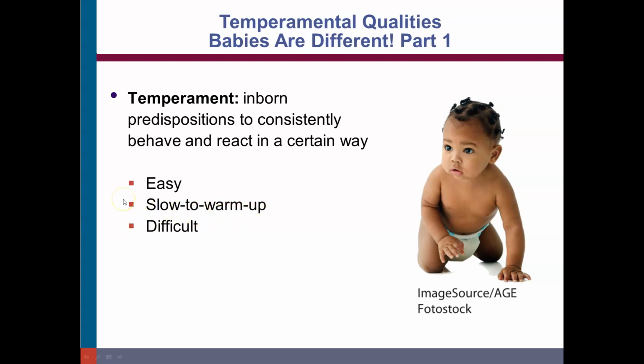So it requires a little more interaction, and they're a little bit slower to go through the processes of interaction with the environment. And then last but not least, another form of temperament is what's known as difficult. That's when the baby may be throwing tantrums and crying a lot and not interacting as easily with others.